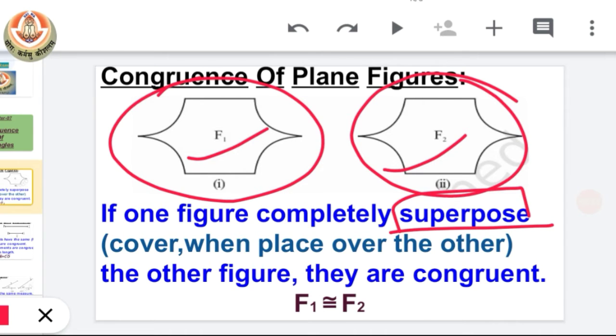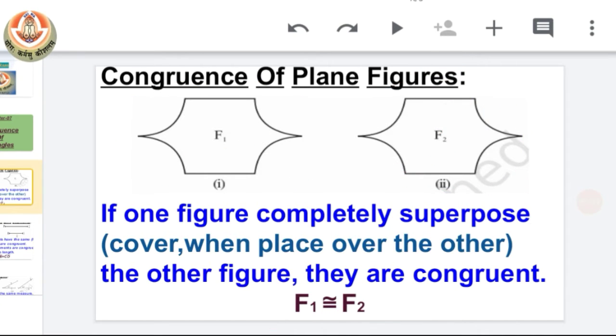That means if we place F1 over F2 and F1 completely hides F2 under it, then we can say that both of them are congruent plane figures. You can see here, this is the sign for congruence. We read it as F1 is congruent to F2.